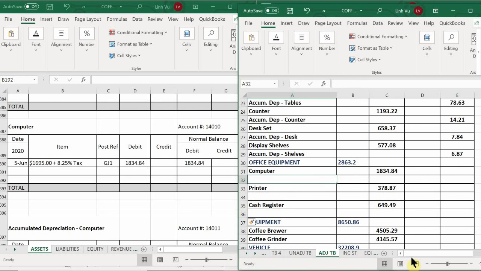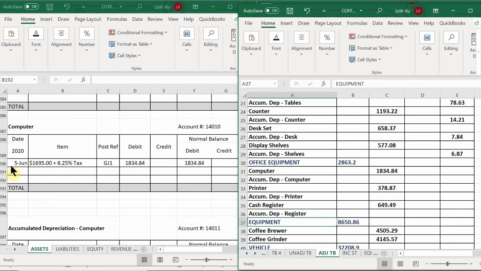So accumulated depreciation computer, accumulated depreciation printer, accumulated depreciation for the register. Okay, so let's take a look.